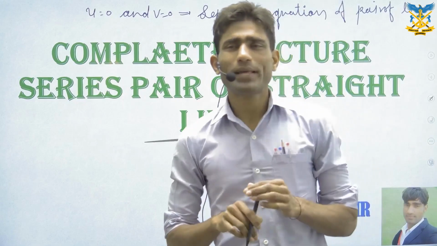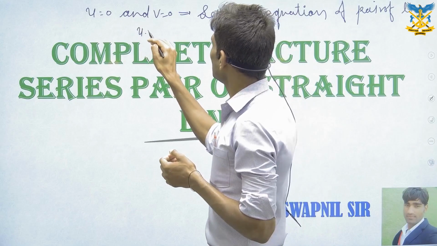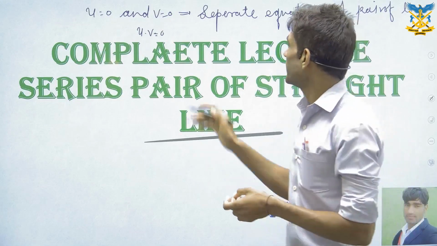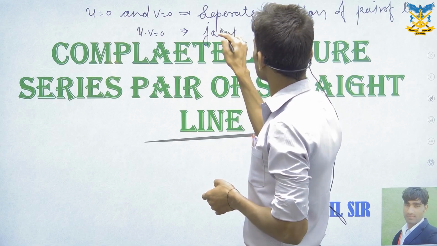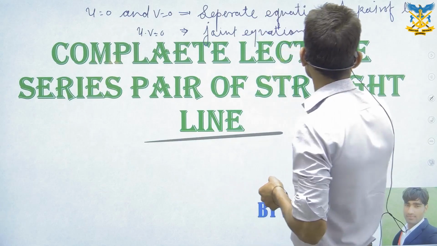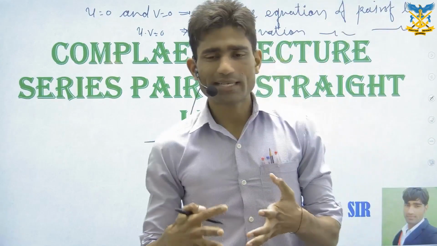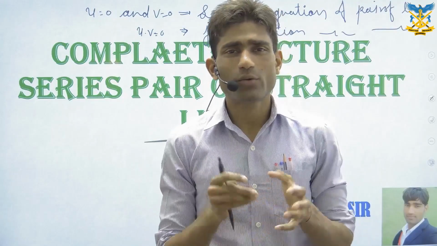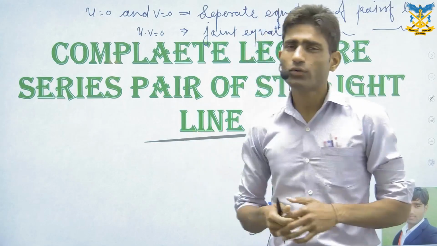And the joint equation of a pair of lines is when we multiply these two equations together, u into v equal to 0. That means joint equation and separate equation are two different forms of the line equations. When we multiply them, we get the joint equation, and when we factorize it, we get the separate equations. So that's it for joint and separate equations.